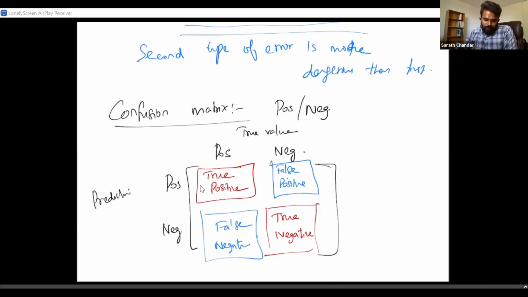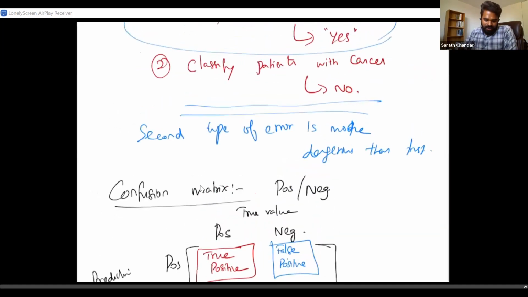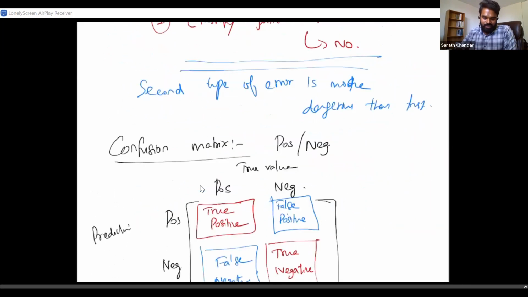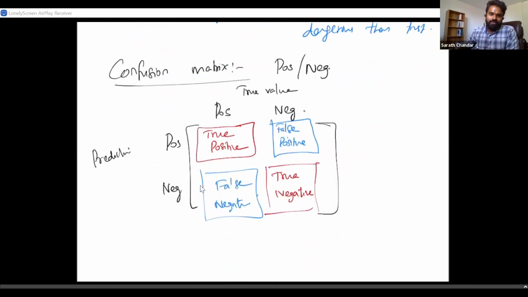Okay, so now let's go back to this. Another poll. Look at the first type of error: classify patients without cancer as yes. What type of false prediction is this?